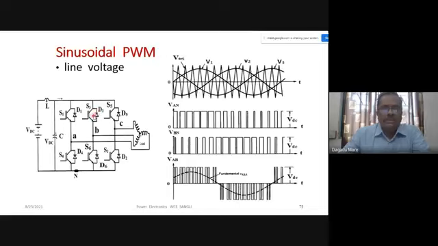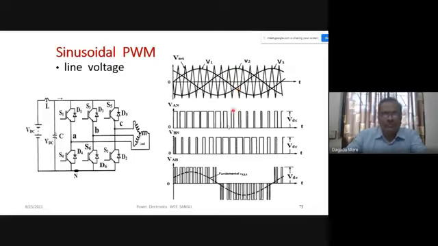Switching signals for S3 and S6 we obtain by comparing the carrier wave with the second modulating wave V2, which is V1 phase shifted by 120 degrees. Similarly, we generate the switching signal for S5 and S2 by comparing the modulating wave V3 with the carrier wave.